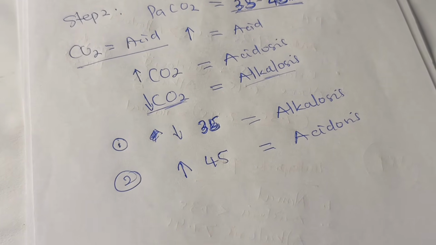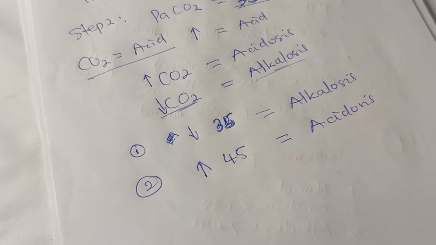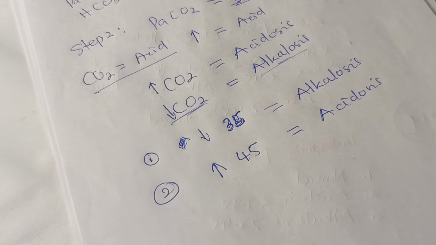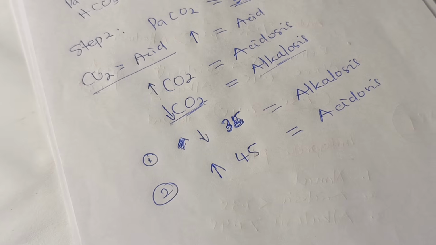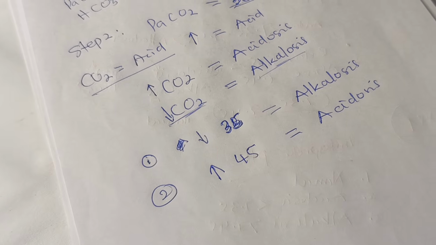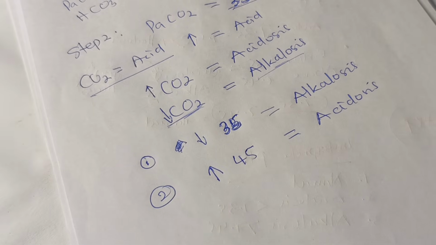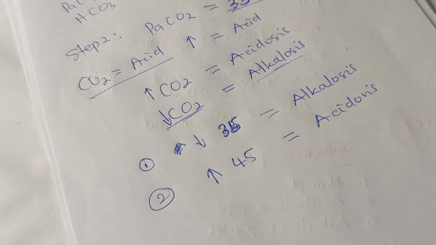If it agrees, then you will say that the disorder you got from interpreting the pH is likely coming from a respiratory source, because carbon dioxide comes from a respiratory origin. Are you getting the point?